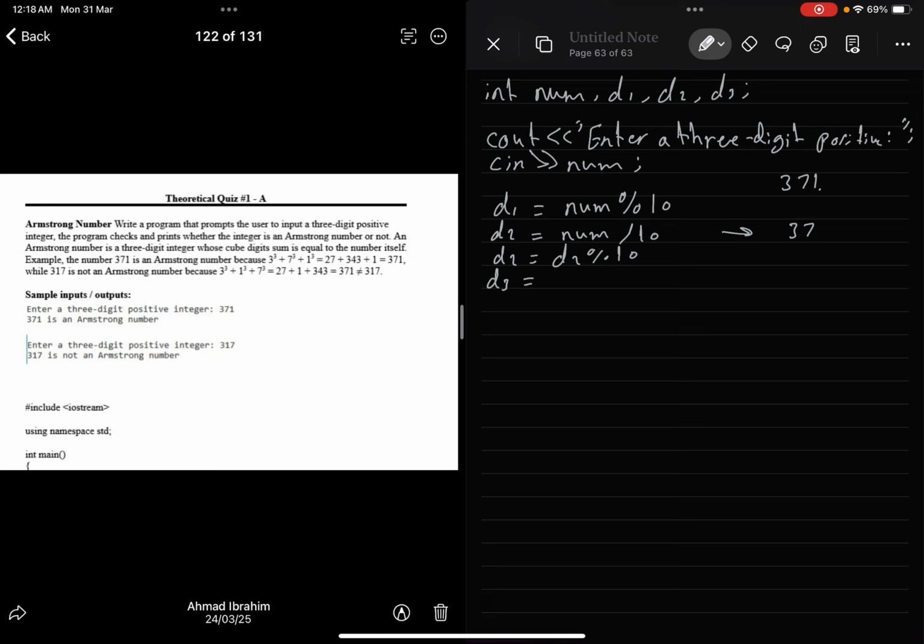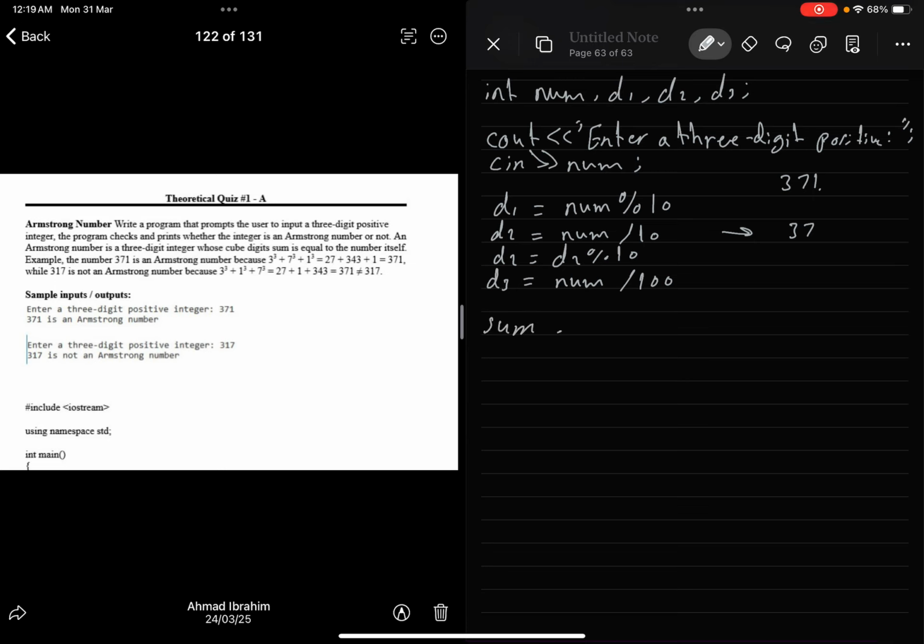And for D3, from 371, we can divide by 100, which will delete the first and second digits. So it will be num divided by 100.